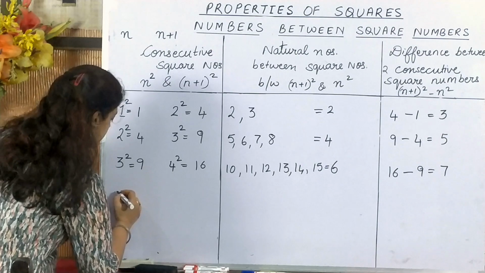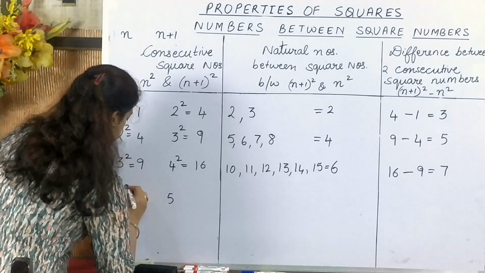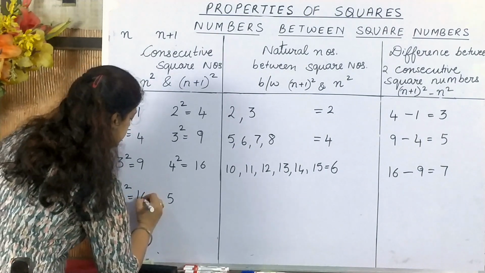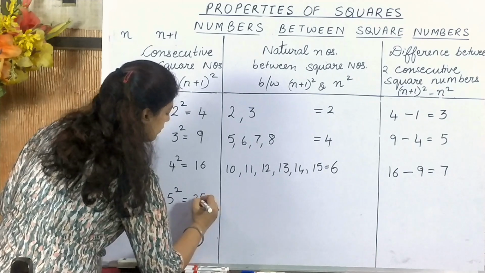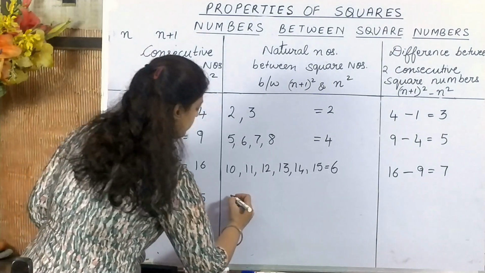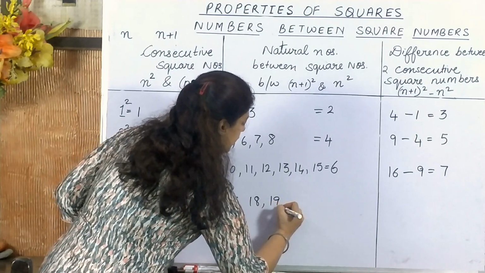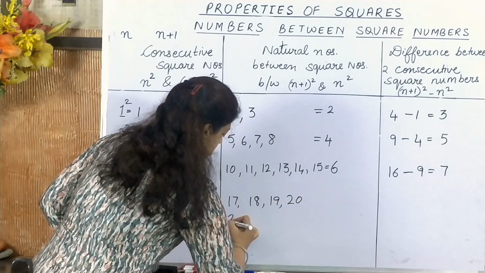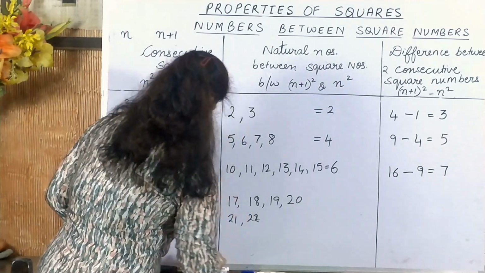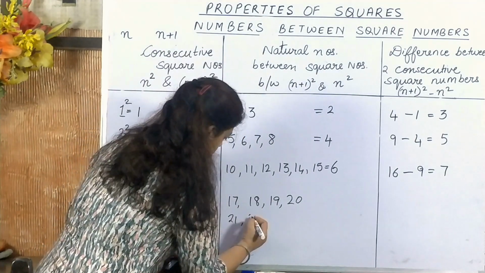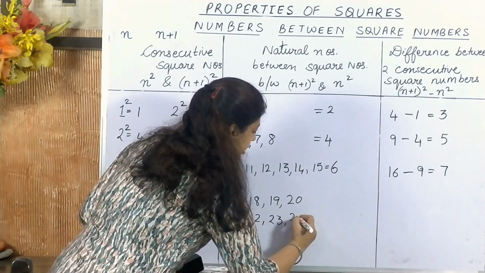Again the next set of numbers. Now n is 4, so n plus 1 will be 5. N square is 4 square, which is 16. N plus 1 the whole square is 5 square, which is 25. So between 16 and 25 we have 17, 18, 19, 20, 21, 22, 23 and 24.